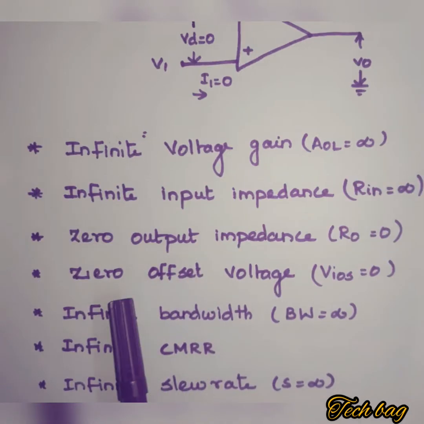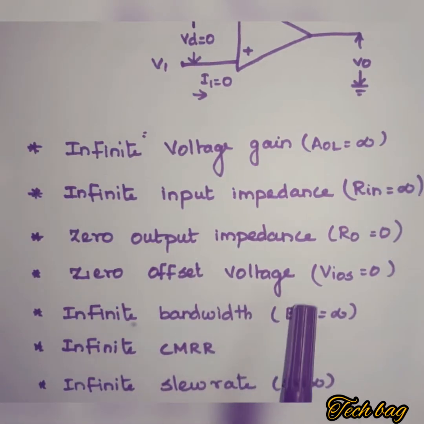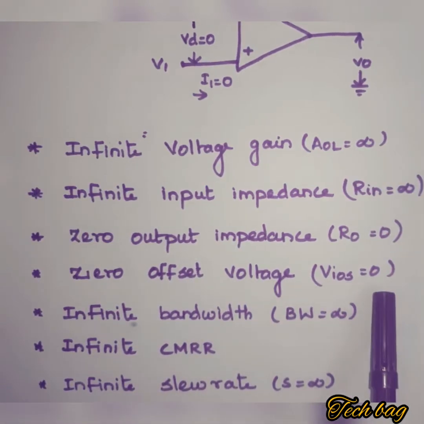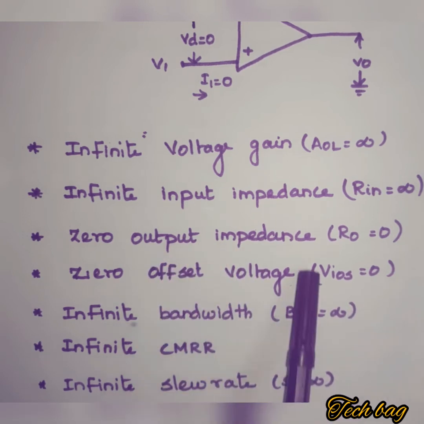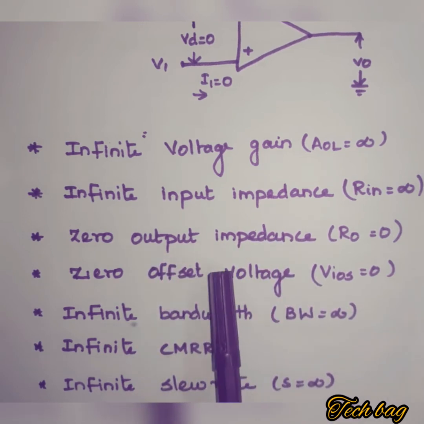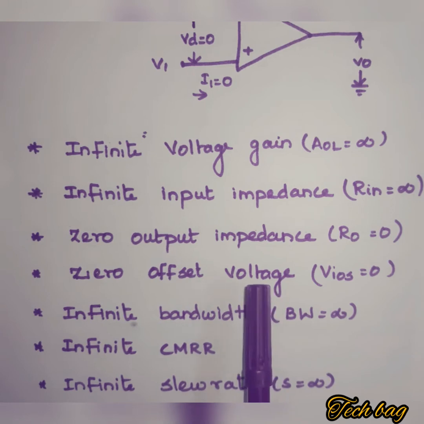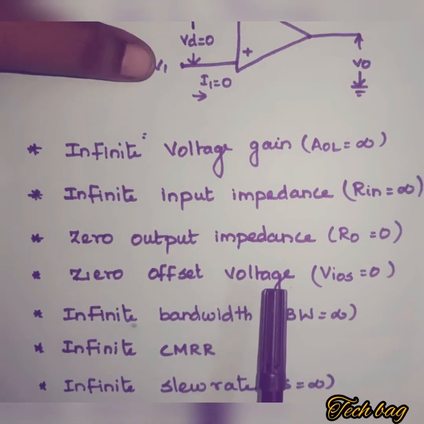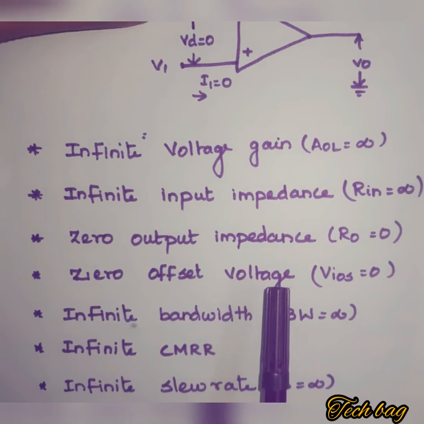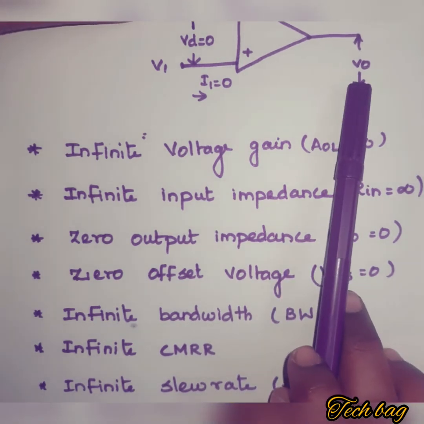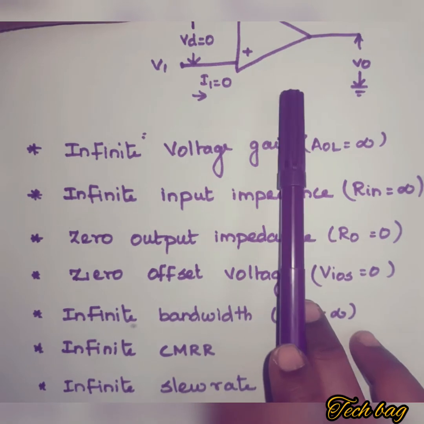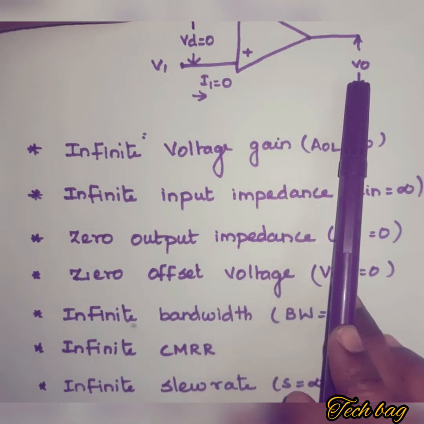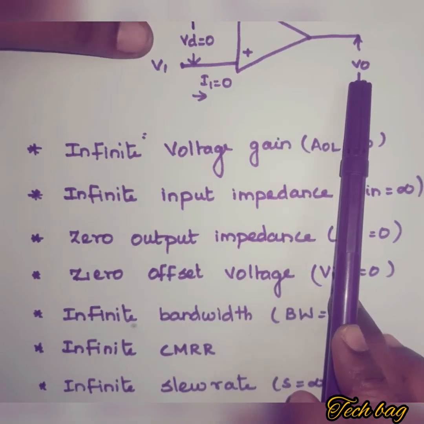Next one is 0 offset voltage, that is VIOS is equal to 0. Here you have to know what offset voltage is. Offset voltage means, if you are giving 0 input voltage, that is V1 is 0 and V2 is 0, then definitely the output V0 is equal to 0. But in some cases, you may get some output voltage even though the input voltage is 0.